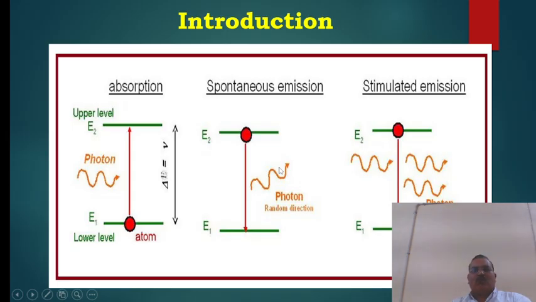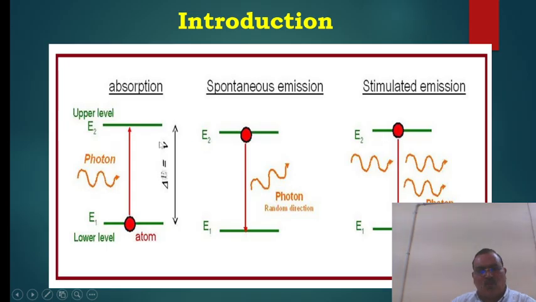I am using the word spontaneous here because it is just emission within 10 minus 8 second. Very fast, spontaneous. Now, this is the third one: stimulated emission. Now what is there?